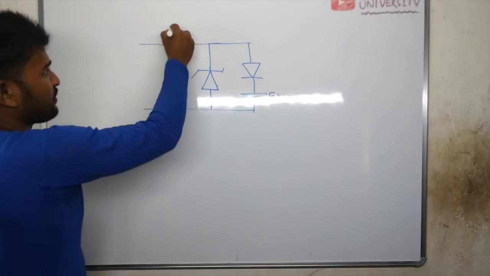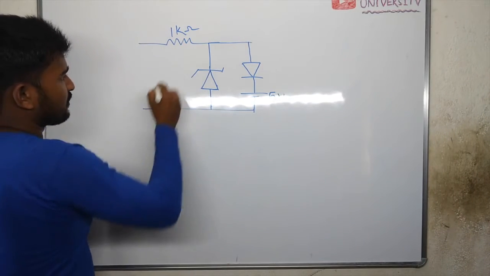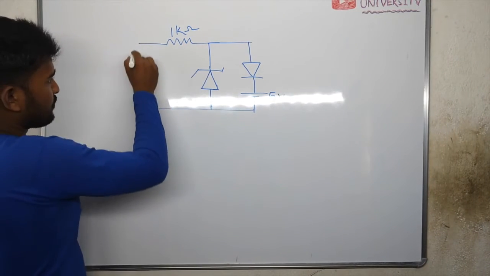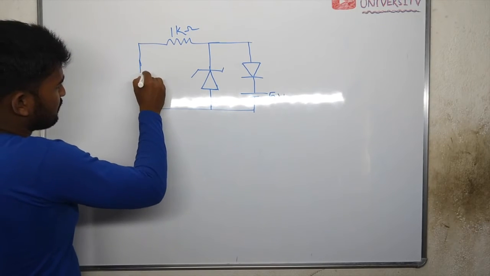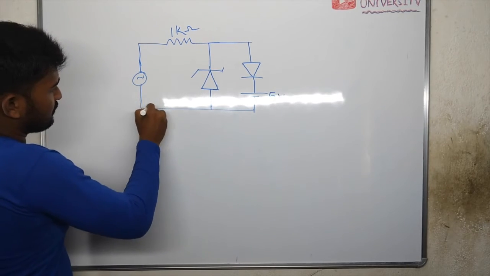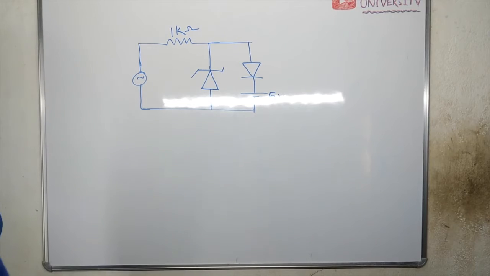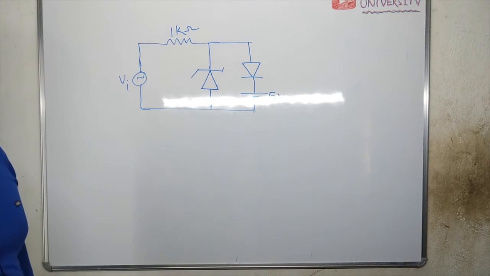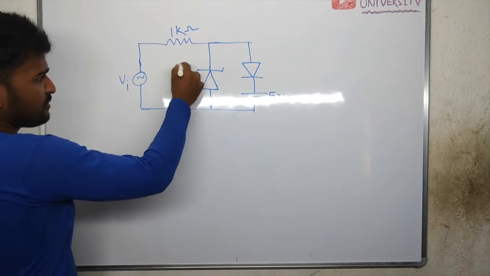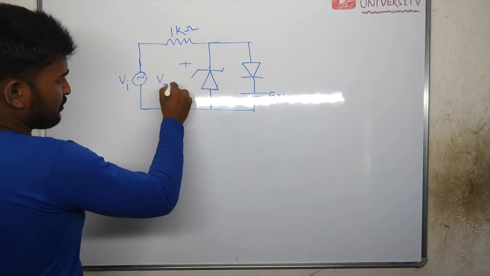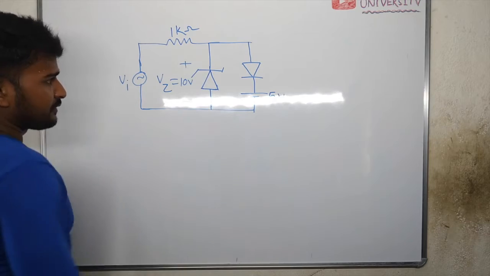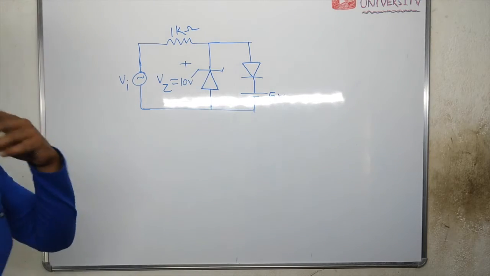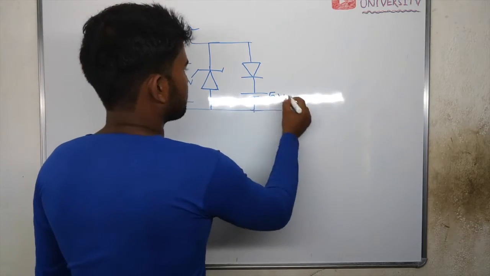This is a 1 kilo ohm resistance. This is your input voltage, and the breakdown voltage of the Zener is VZ equal to 10 volt, and this is your output voltage V0.